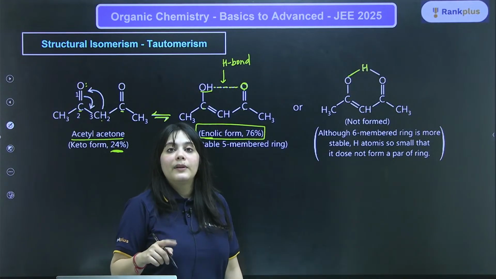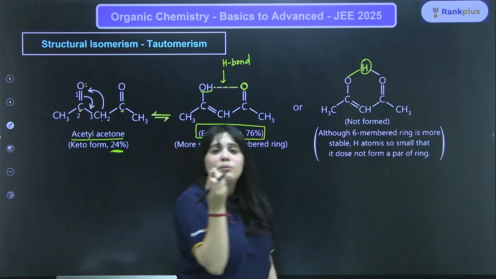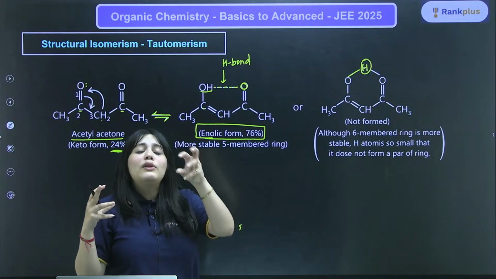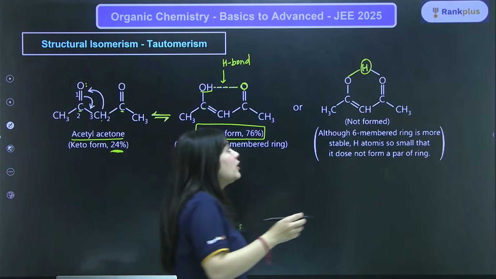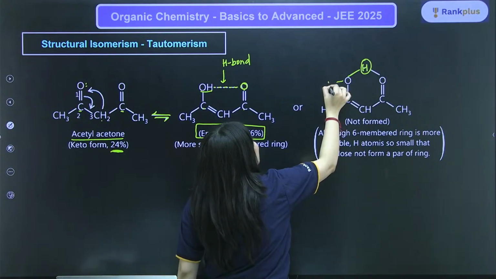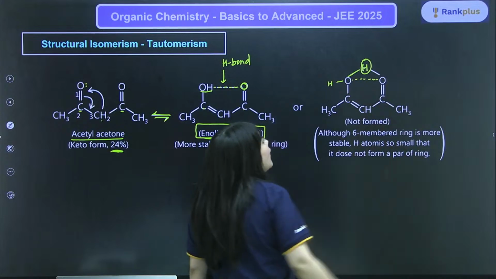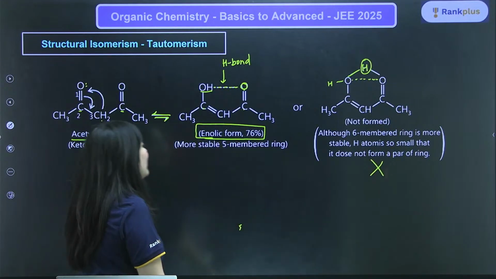But it doesn't happen. Why doesn't it happen? Because here the hydrogen is very small, very tiny, too tiny to actually participate in ring formation. So it will always be at the side of oxygen, so that these two can join together and form a 5-membered ring. So this is not formed, only this is formed.